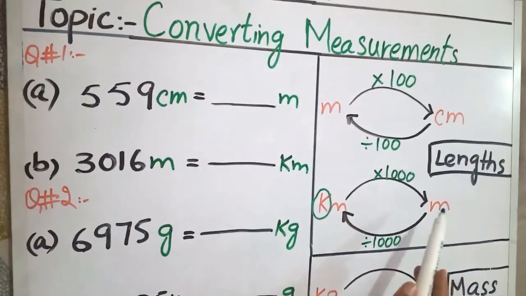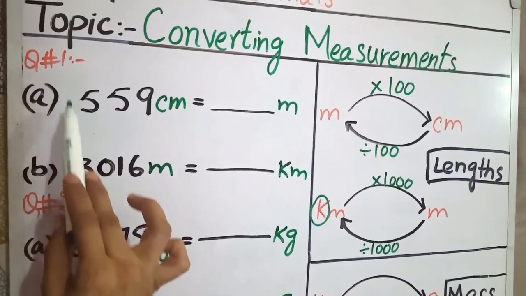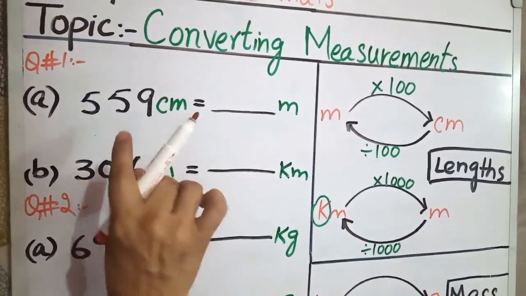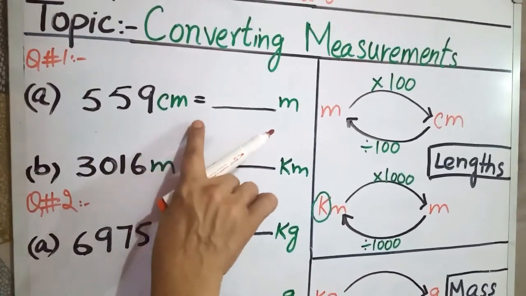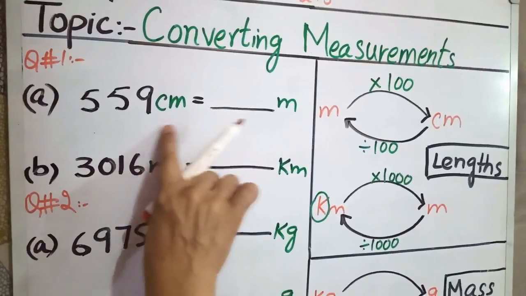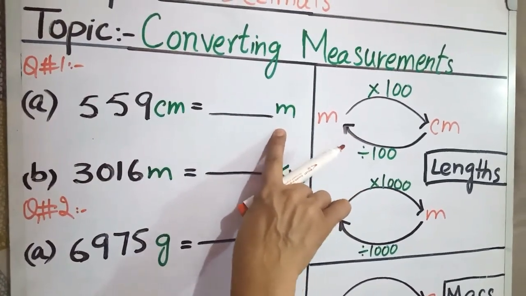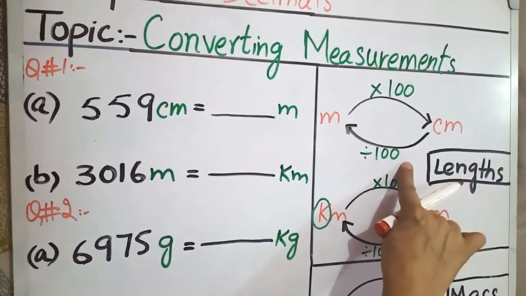According to length, we will solve question number 1. If we have 559 centimeters and want to convert it from centimeter to meter, we will see this scheme as well.